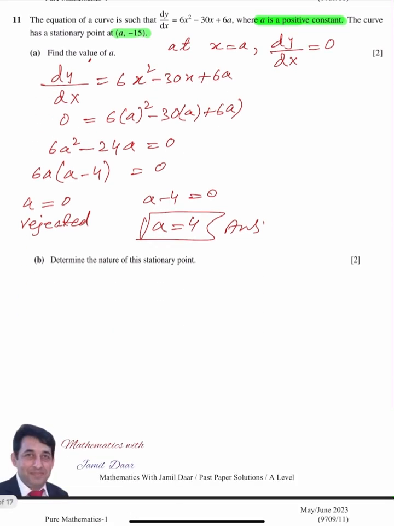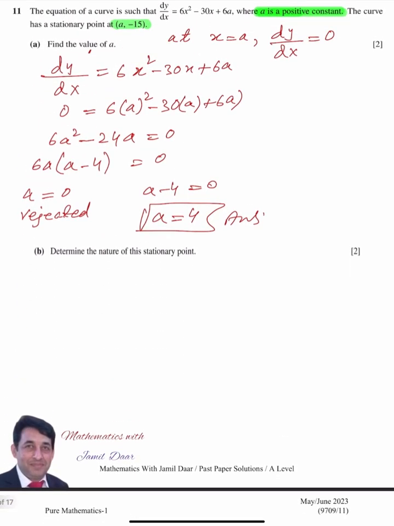So we'll find out the second derivative. Dy over dx is given to be 6x square minus 30x plus 6a. So second derivative d square y over dx square is equal to 12x minus 30.